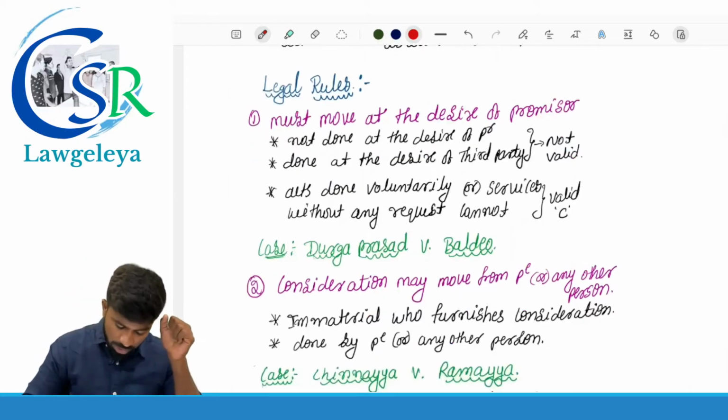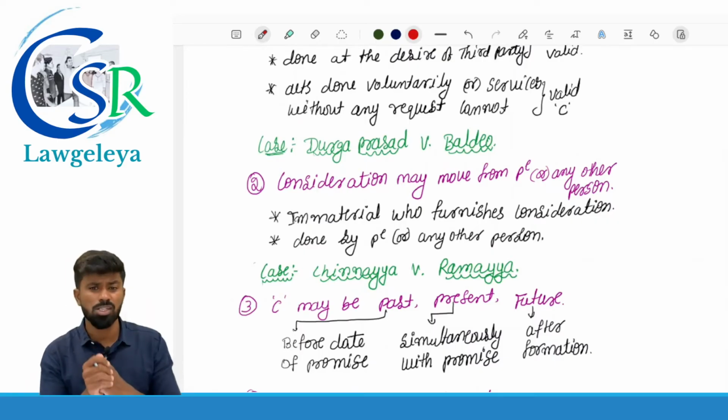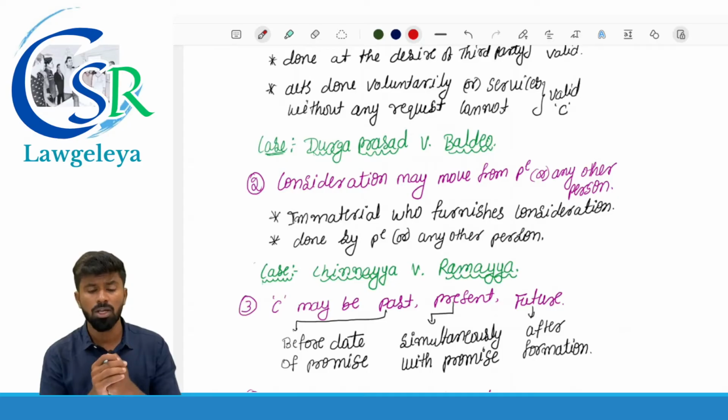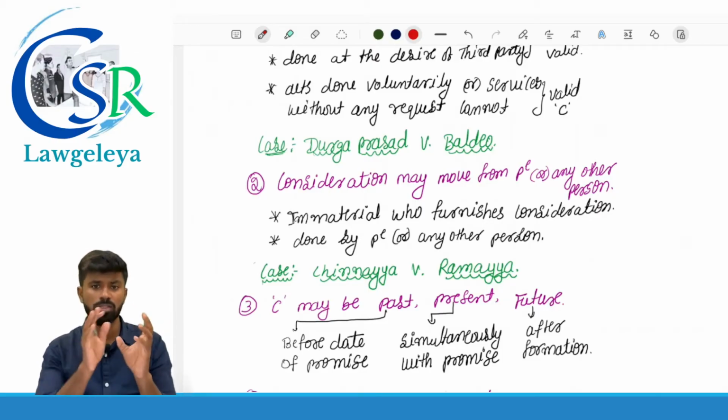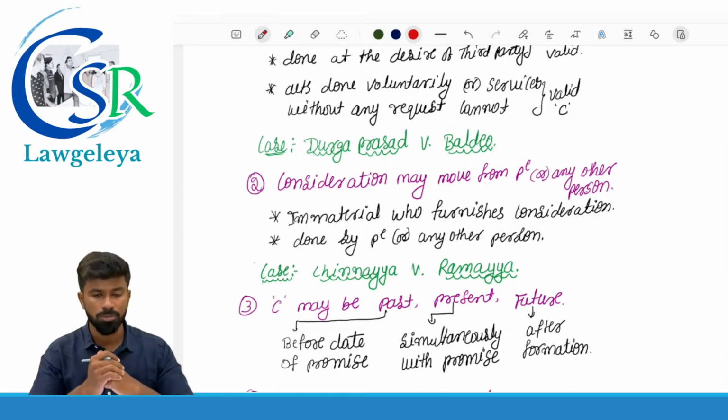For this, we have a case study, Durga Prasad versus Baldeo, where the construction of the complex happened at the desire of a collector. However, the shop owner had made a promise to the builder that he would pay commission on the goods he sells. Because the construction happened at the desire of whom? Collector. There was no consideration, no contract.